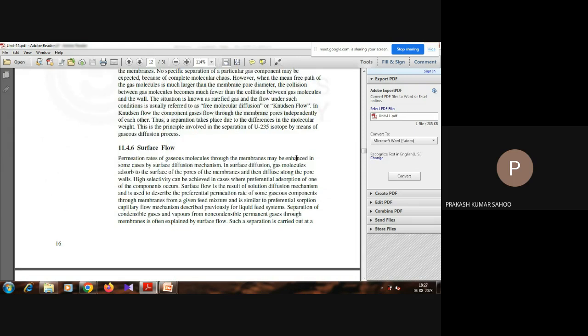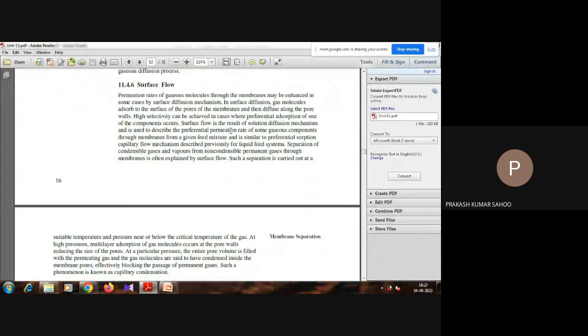We have surface flow, that means the flow rate of a gaseous molecule through the membrane is enhanced in some cases by a surface diffusion mechanism, where the gas gets adsorbed on the surface of the adsorbent and diffuses.